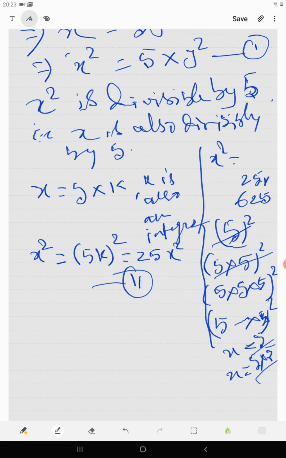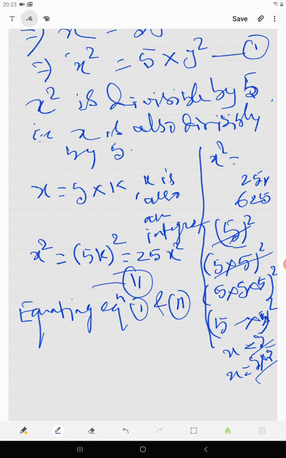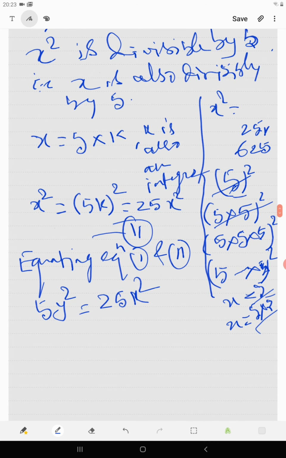So if you equate both equation 1 and 2, we have x square equals 5y square and x square equals 25k square. So I can write 5y square equals 25k square. Correct? So we can write y square equals 25k square divided by 5.